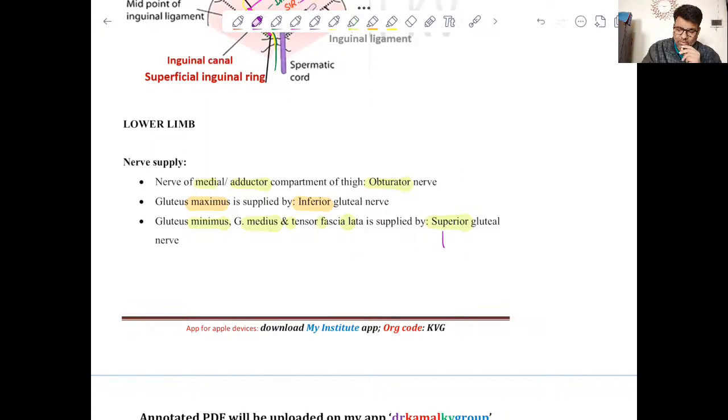Now this is the nerve which we check in the Trendelenburg test, where we check the levels of the anterior superior iliac spine.